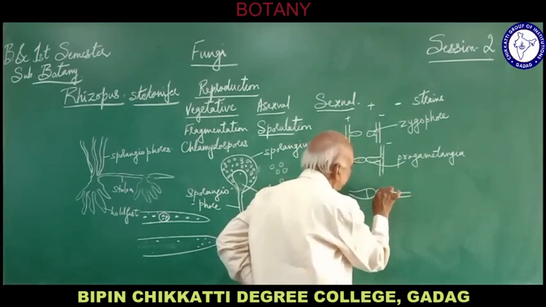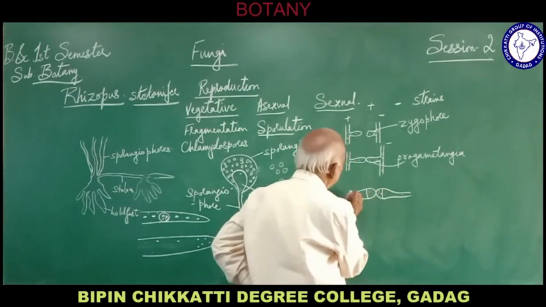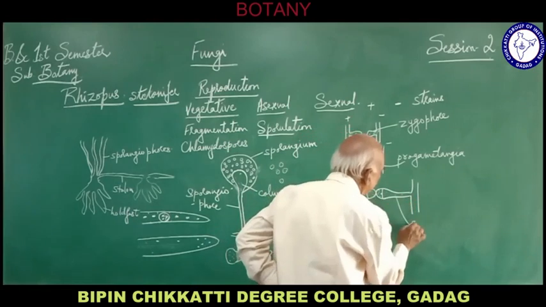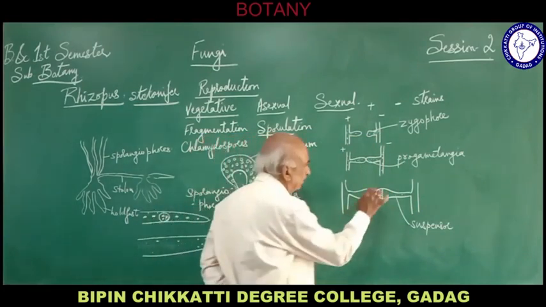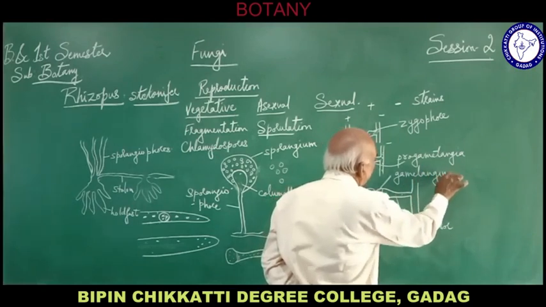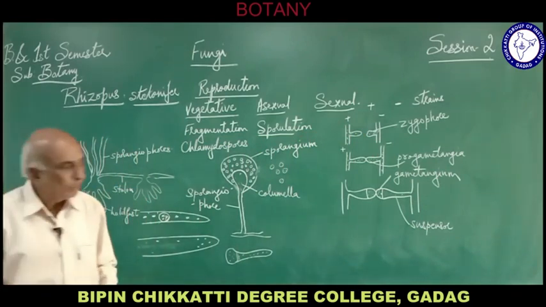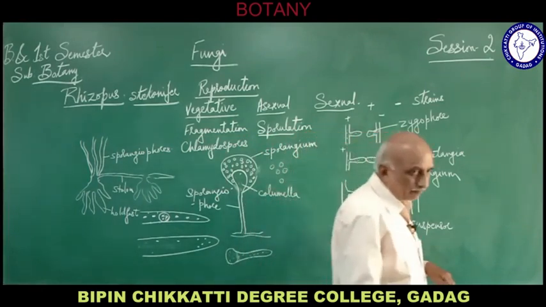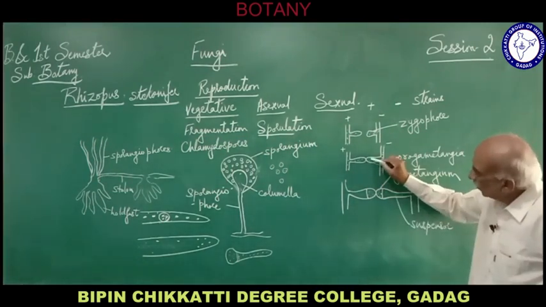This is the gametangium, which also contains many nuclei, and this is the part of the other hypha, which is now called the suspensor. This is the suspensor, and this is the gametangium. So the progametangium develops a wall and gets separated, and that wall forms the plus gametangium and the minus gametangium.